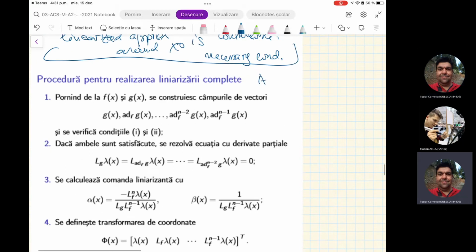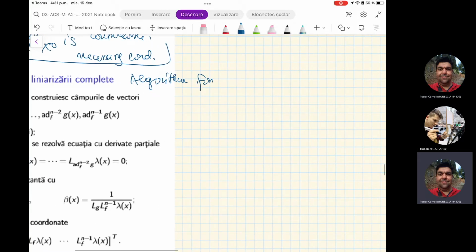An algorithm for full state feedback linearization.